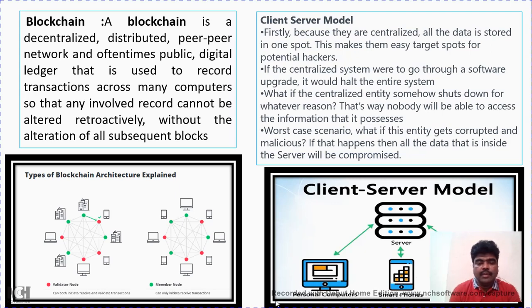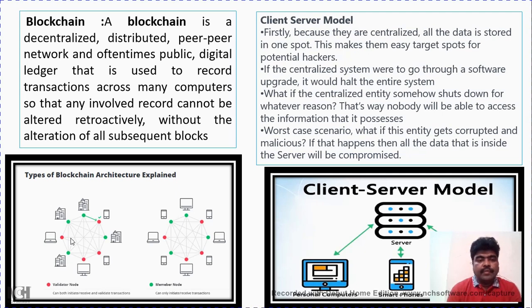Because the transactions are distributed, instead of storing the data in a single place, the transaction is sent across everyone, who are called nodes, to validate the transaction and send it from the sender to the receiver.